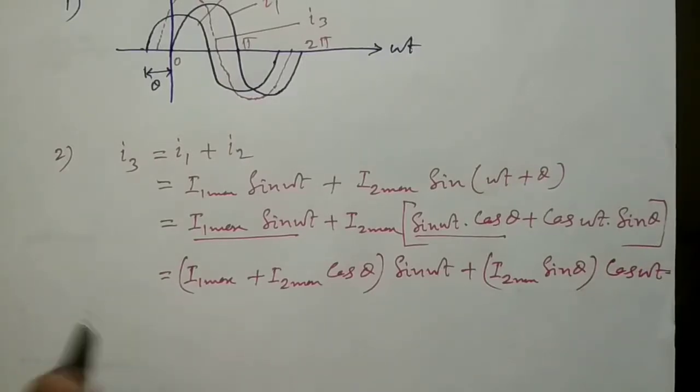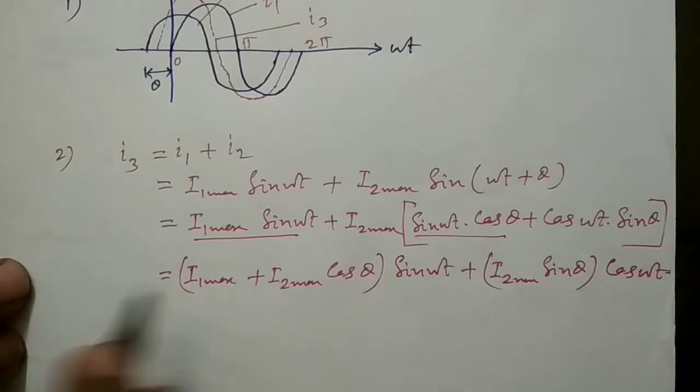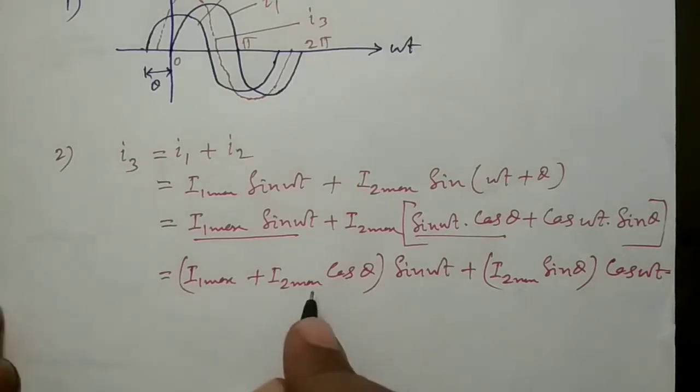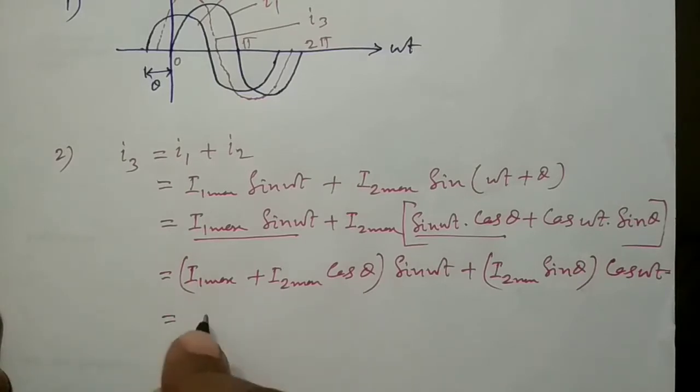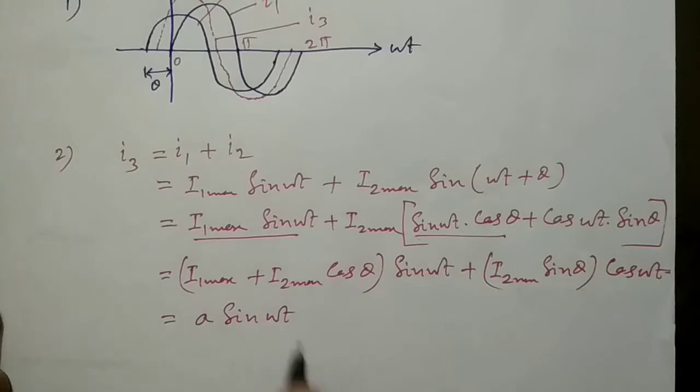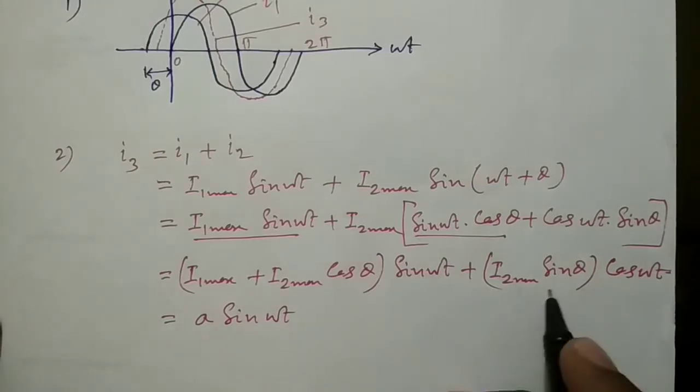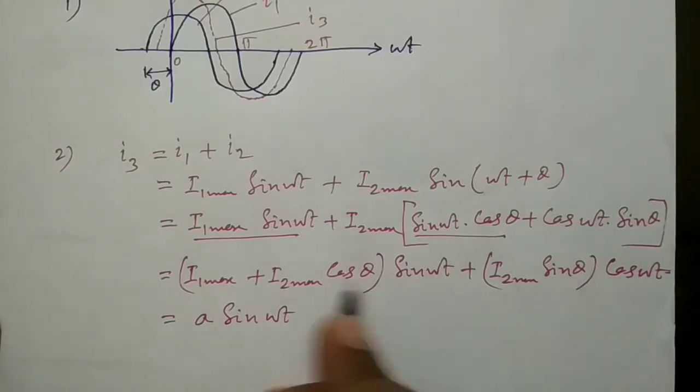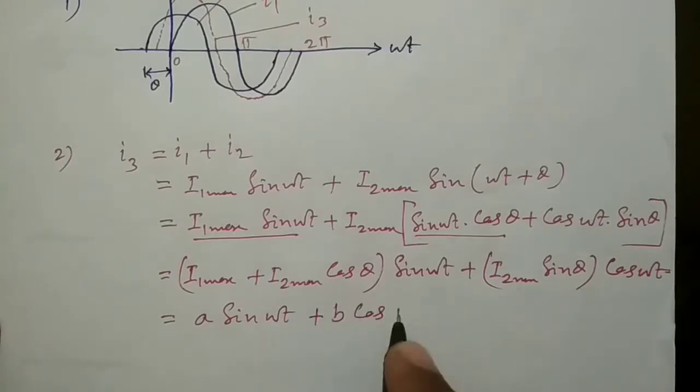Now for simplicity we consider I1 max plus I2 max cos theta is equal to A. So it will be A sine omega t, whereas I2 max sine theta is considered as B. So it will be B cos omega t.